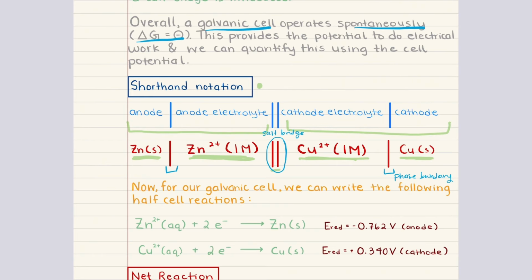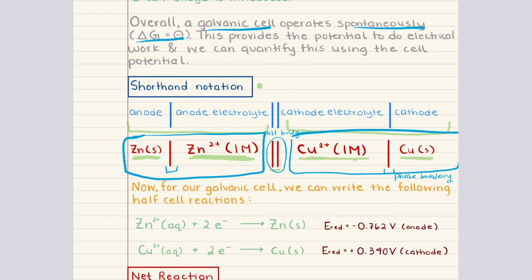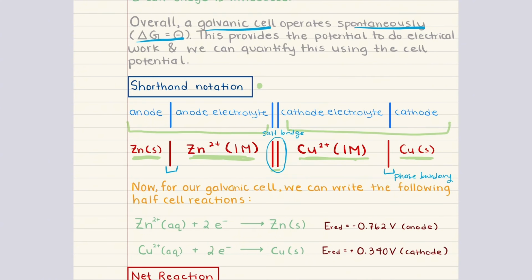The species on the left side are going to be the anode, where oxidation occurs, the zinc solid is being oxidized to zinc 2+ ions. Then the species on the right side of this are the cathode, where reduction occurs. So the copper 2+ ions are gaining electrons, becoming solid copper.